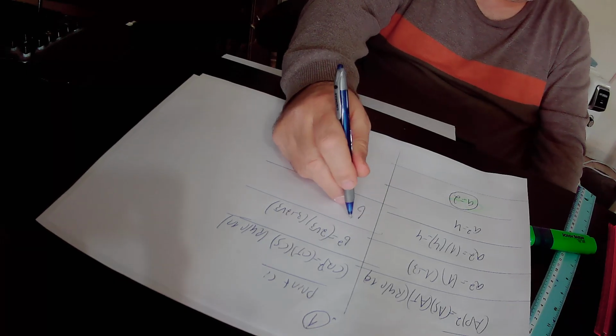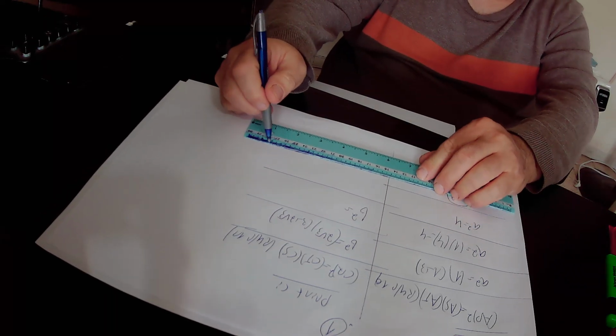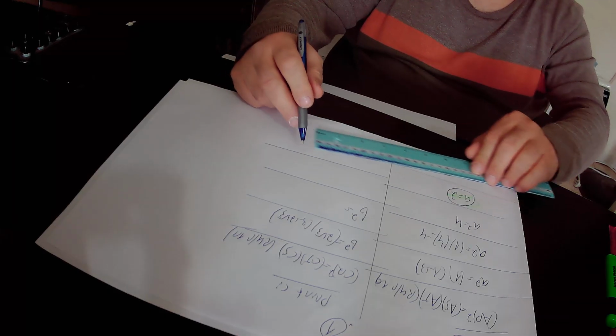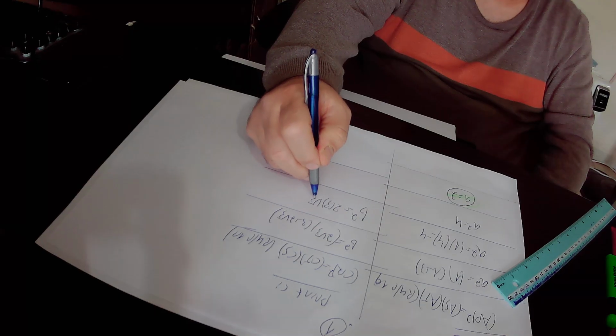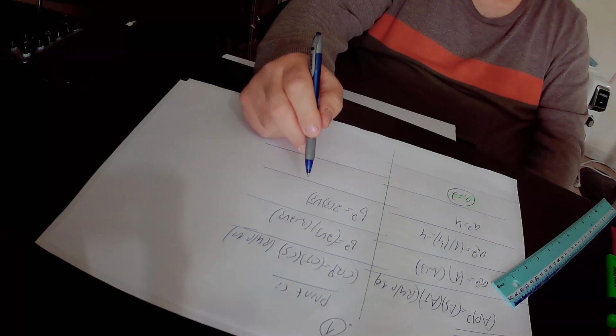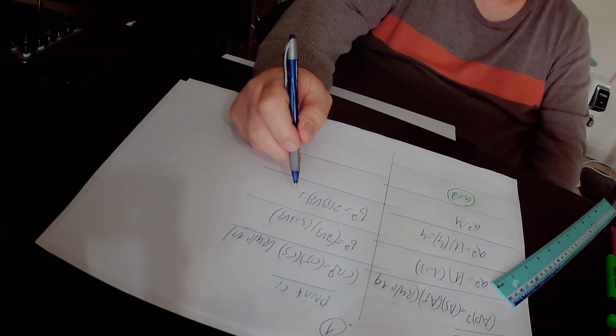So B squared equals 2 times 3 times root of 3. We'll open the brackets here. This is the equation. Plus 2 times root of 3 times 2 times root of 3 is 12. Why?